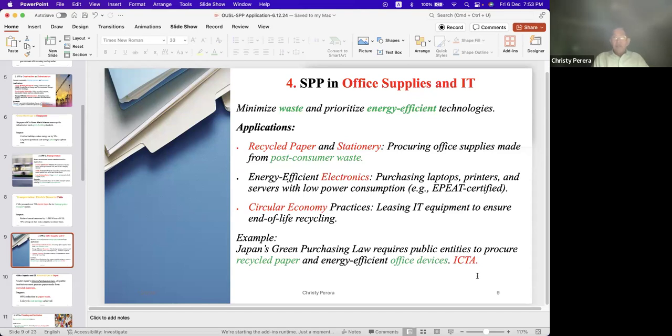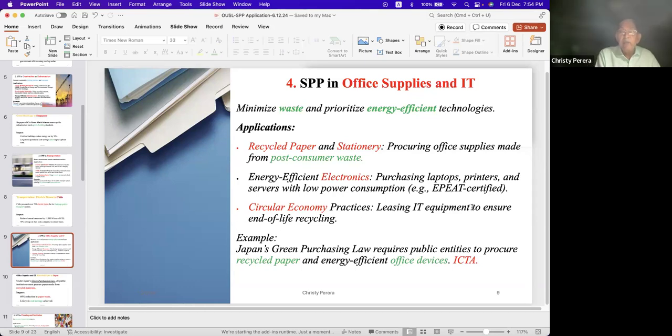That is because of the World Bank project, and we distributed all over the country. But in the ICTA office, we were using all these laptops on rent. We have leased them.